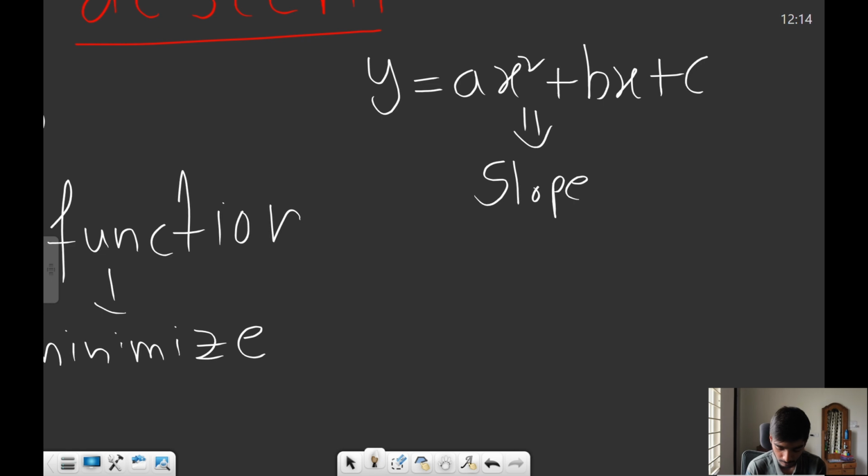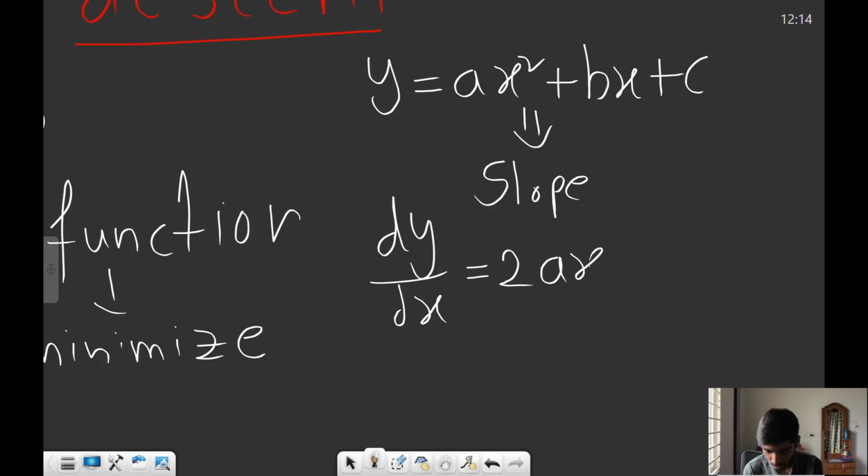We simply differentiate y with respect to x, using the chain rule if the function contains any more functions internally. By differentiating y with respect to x, we get 2ax plus b. This is the slope of the function that we have considered.